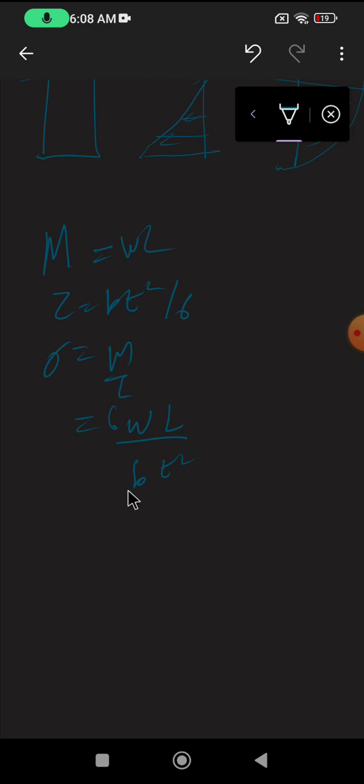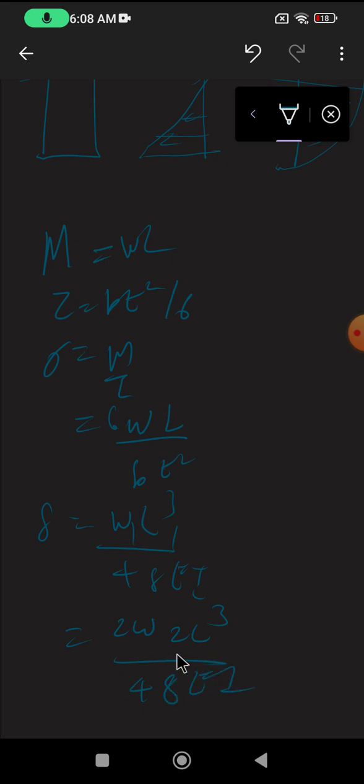We know that the maximum deflection of a simply supported beam loaded in the center is given as delta is equal to WL cube upon 48EI. So W1 is equal to 2W and L1 is 2L, so 2W into 2L cube upon 48EI.